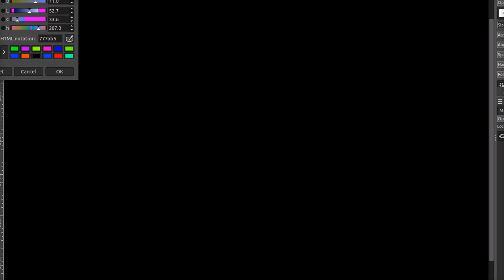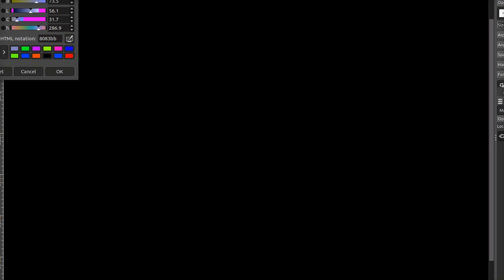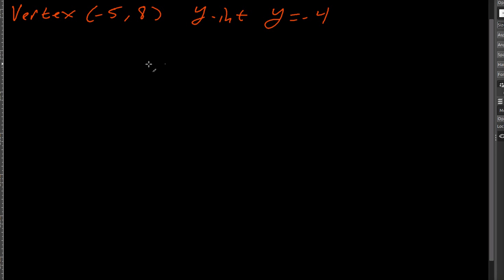Okay, moving on. So if I was given something like the vertex occurs at (-5, 8), and that the y-intercept is occurring at y equals -4, I could actually find that parabola very easily because I know that this equation is going to apply, and I already know the vertex.